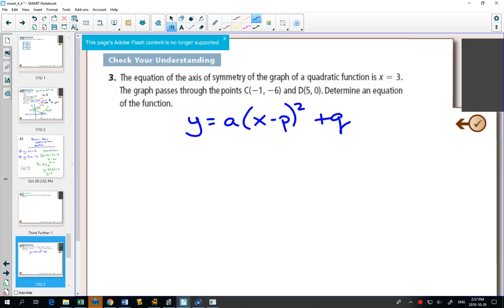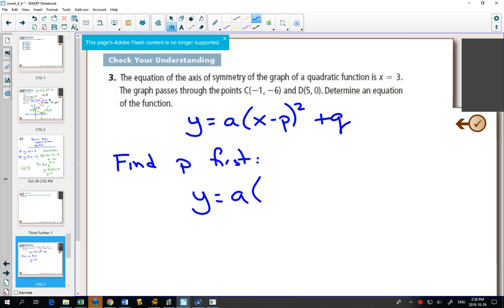One of them is easy to find first. Which letter? a, p, or q? p. What does p have to be? So find p first.